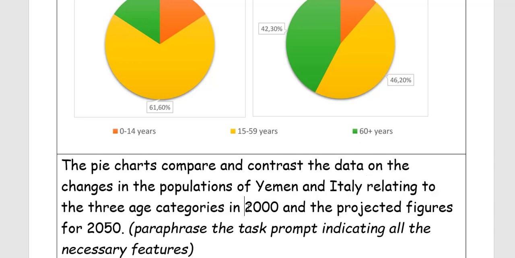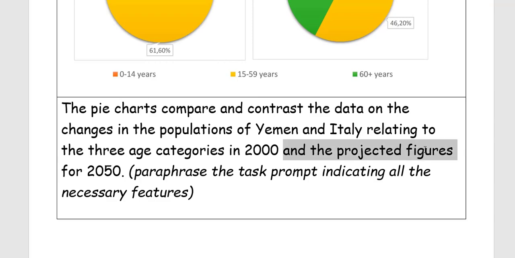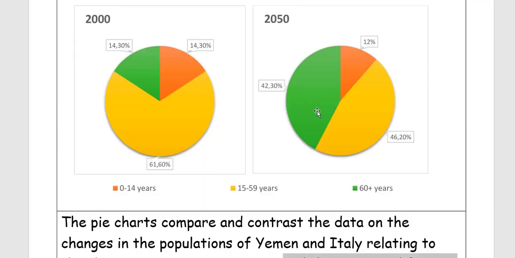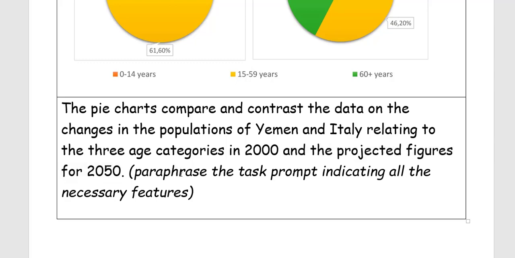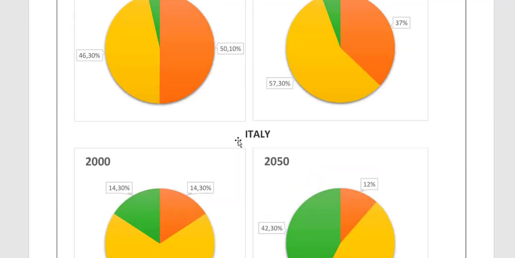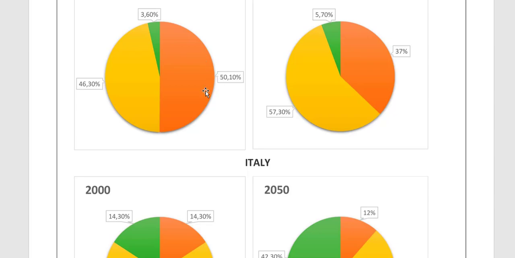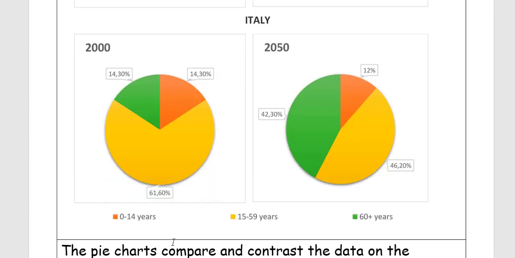In 2000, and the projected figures for 2050. The predicted figures, those figures which will probably happen in the future. So paraphrase the task prompt, indicating all the necessary features. That's exactly what we need to do in the introduction paragraph.